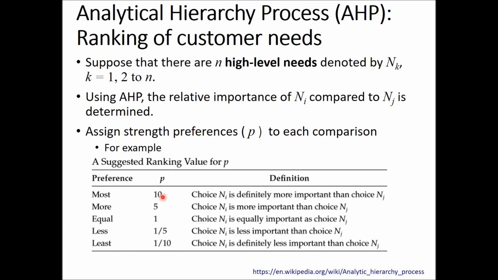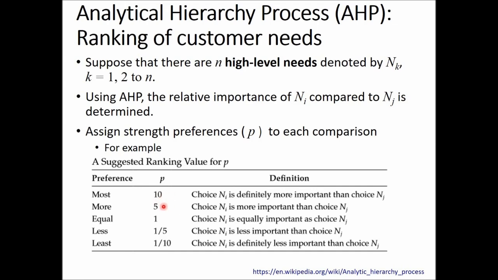You can decide these numbers. There is no hard and fast rule. For example, if N_i is more important than N_j, not definitely but more important, you can assign another number. If the two needs are equally important, we usually use the P value of 1. And if N_i is less important, we use the inverse of these numbers.